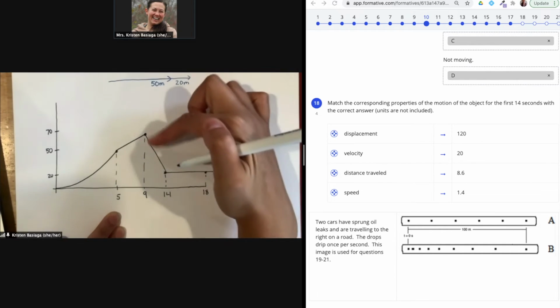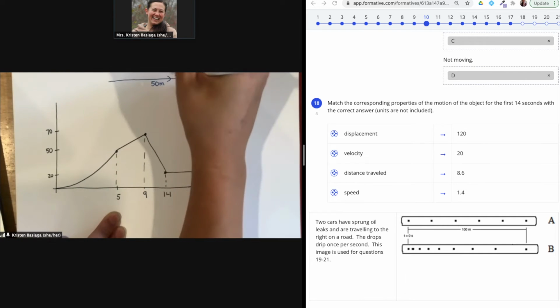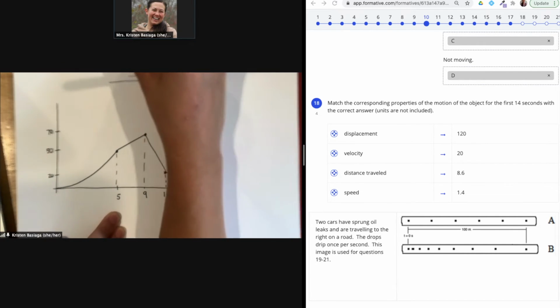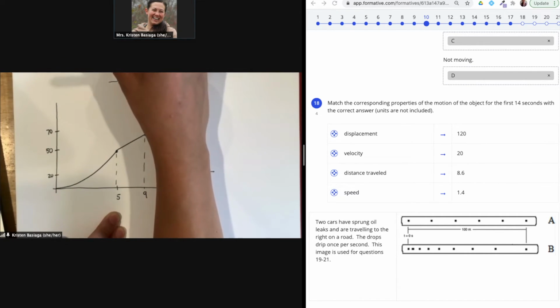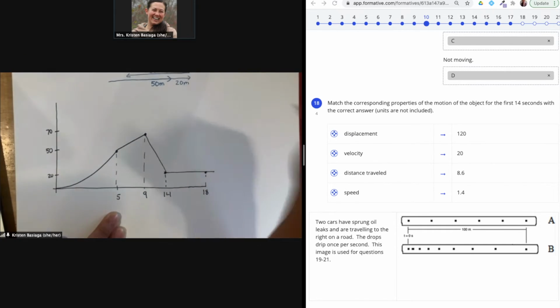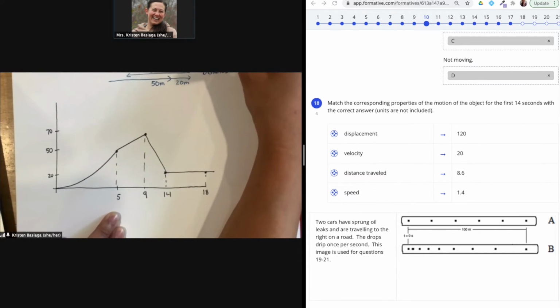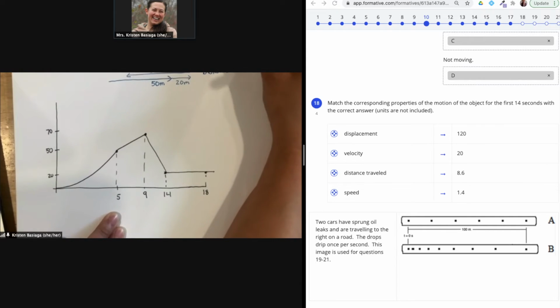Finally, they walk from 70 to 20. They walk another 50 meters backward in 5 seconds. So when we calculate distance, we're going to add up all the lengths that they walked. So that's 50 plus 20 plus 50 equals 120 meters.